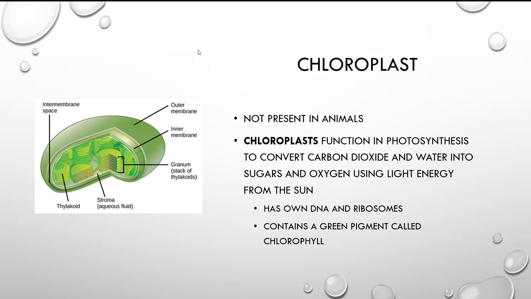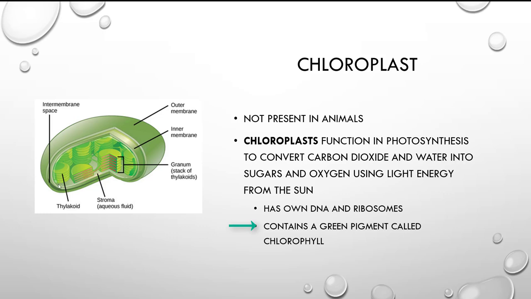Chloroplasts. So chloroplasts are something that we don't have because we don't photosynthesize. So chloroplasts are the site of photosynthesis. This is where the plant has these things called thylakoids, and inside the thylakoids is a pigment called chlorophyll.